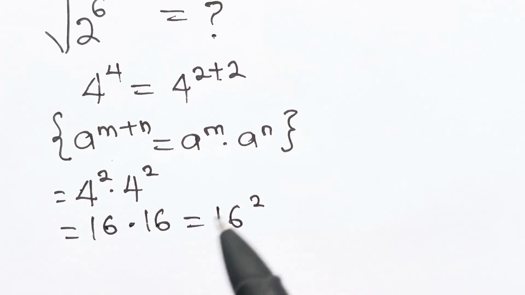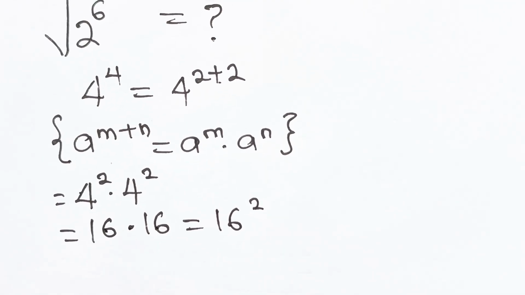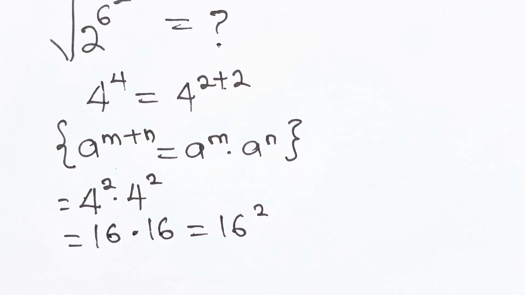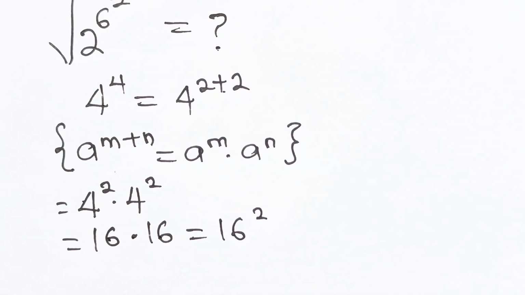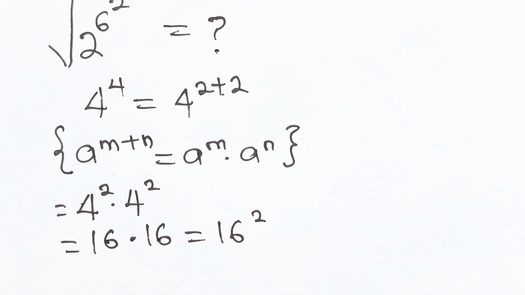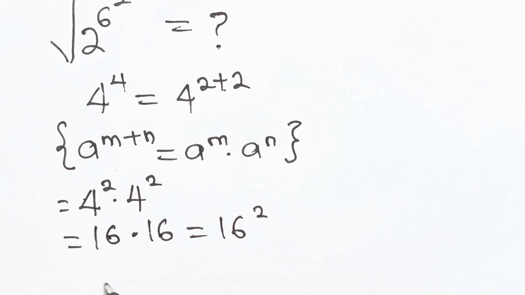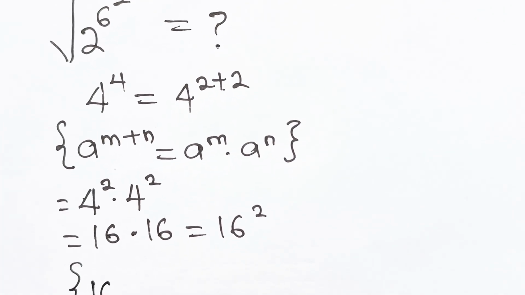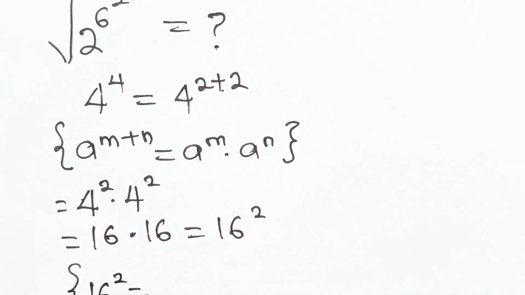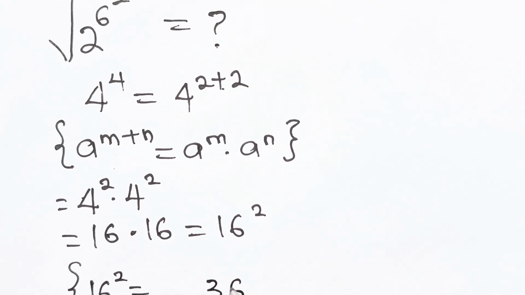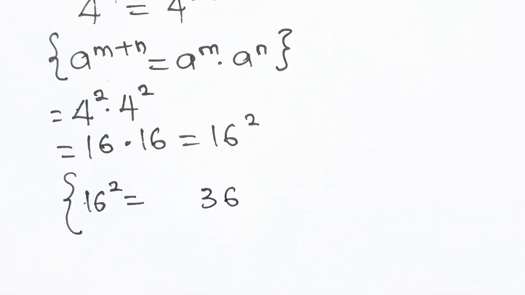Now, I'm going to solve this using a math trick. If you need to know some of my math tricks, check my shorts. I have some of them there. Using my math trick, 16 squared: 6 squared is 36, 1 squared is 1.